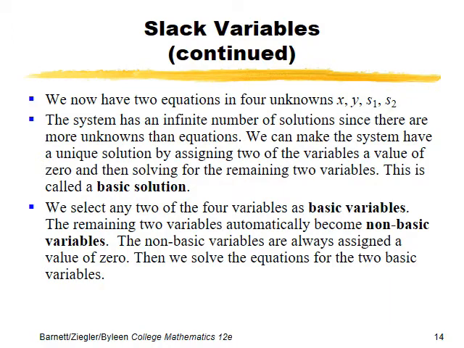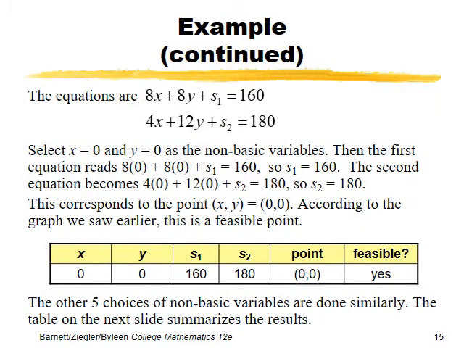So now we have four unknowns: x1, x2, s1 and s2. We make the system have a unique solution by assigning our basic variables equal to 0, sorry, non-basic variables equal to 0, and we can get the solution for our basic variables. This is a general explanation, we can discuss it later.